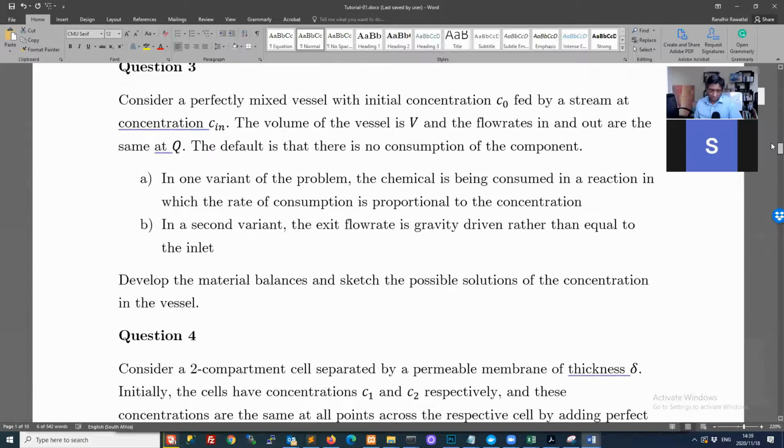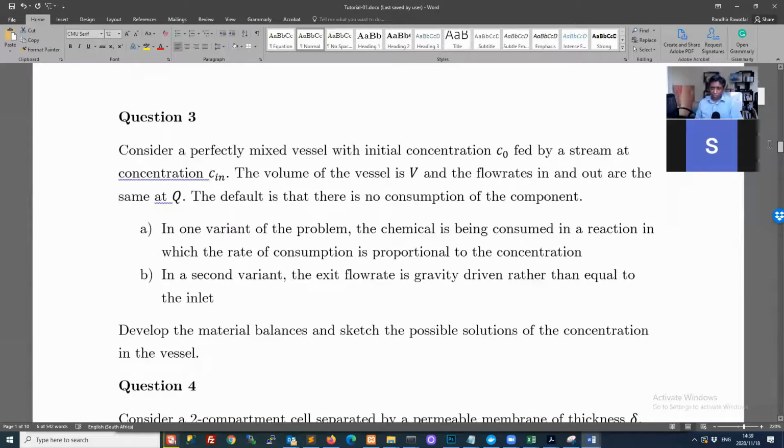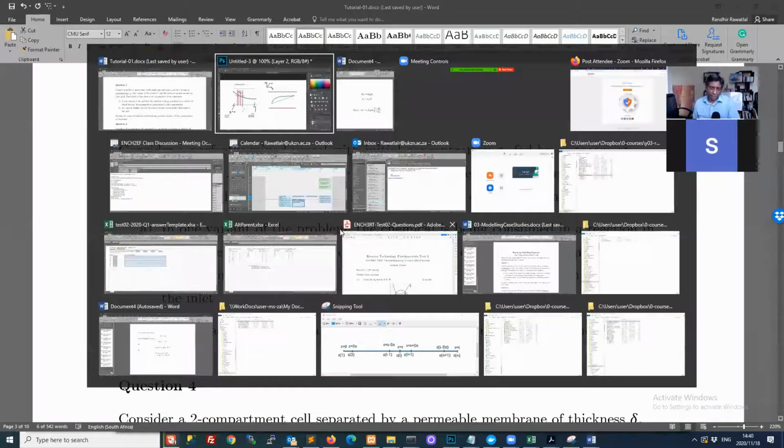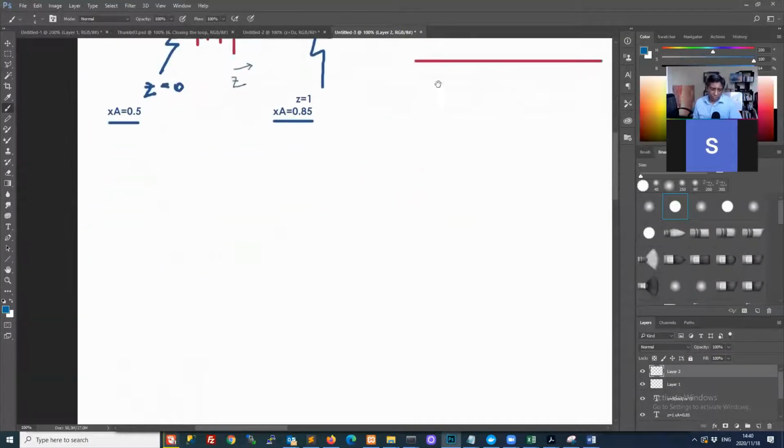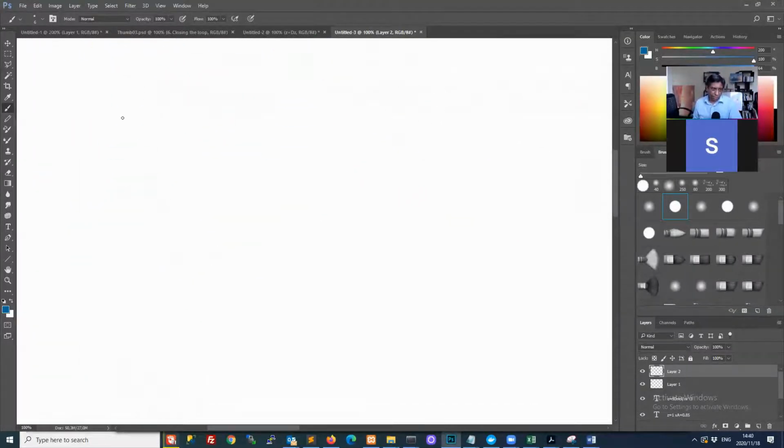So like I said, the problems that I wanted to work on were these ones, so actual mass balances. So let's read this first one carefully. So it says here, we have a perfectly mixed vessel with an initial concentration given by C naught, and it's fed by a stream with a concentration C in. So let's just draw that a bit first. So we have some vessel here. No specifics about that vessel as yet.